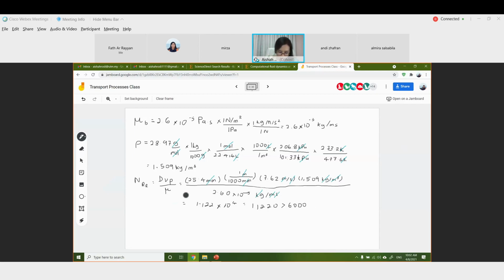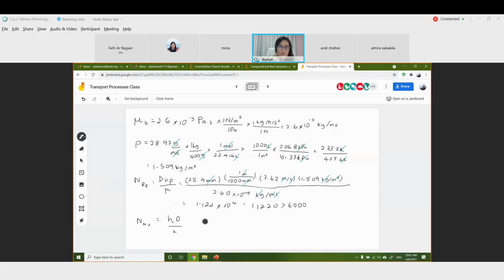Because the flow is turbulent, we can use the formula to calculate the Nusselt number, for L over D more than 60 and for turbulent flow. So this is the formula.